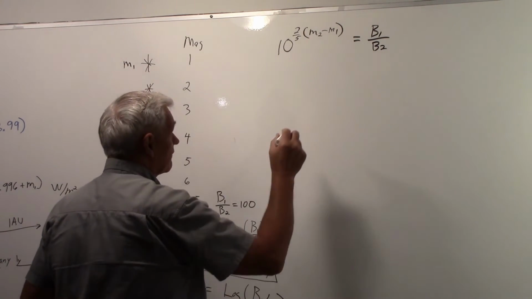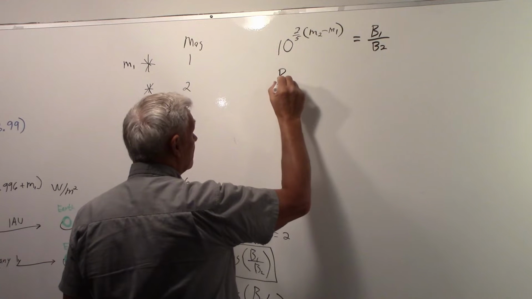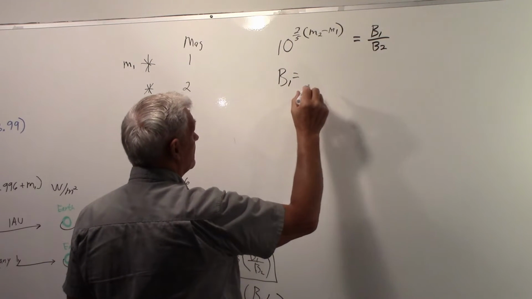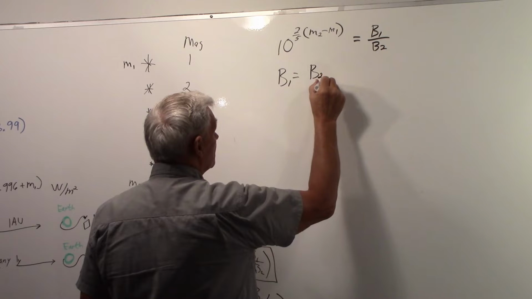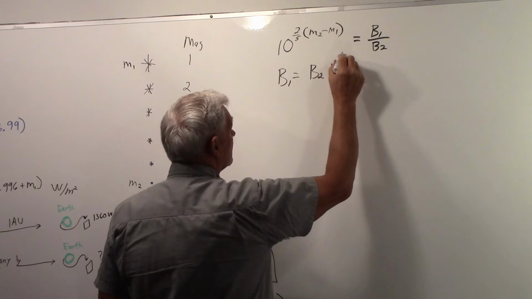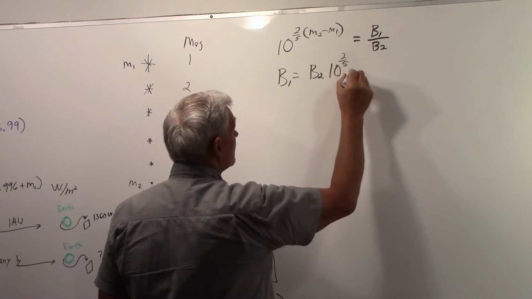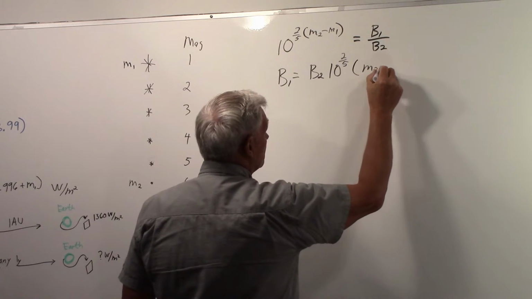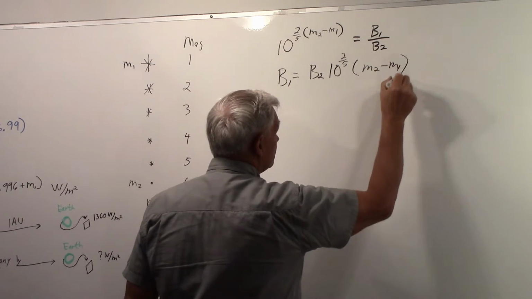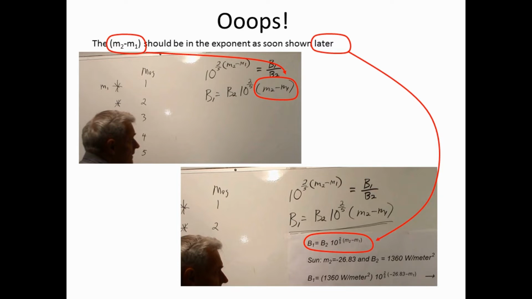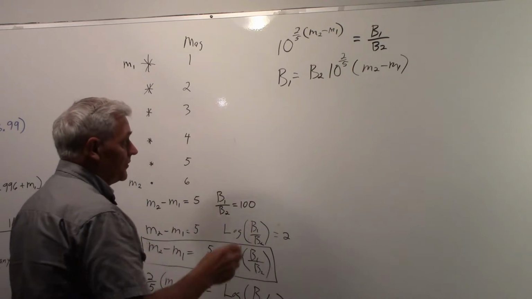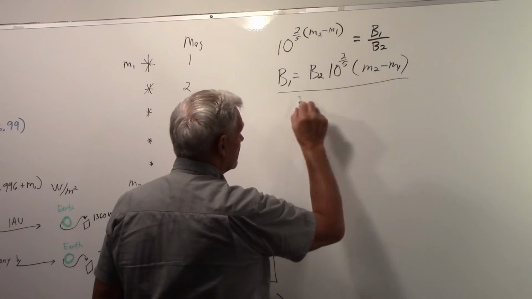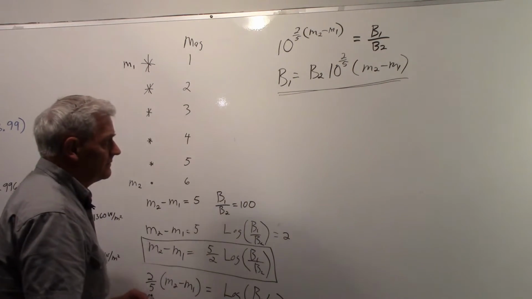So we could rewrite this and say that B1 is equal to B2 times 10 to the 2/5 of M2 minus M1. So we'll use this to get to the equation that we want to get to.